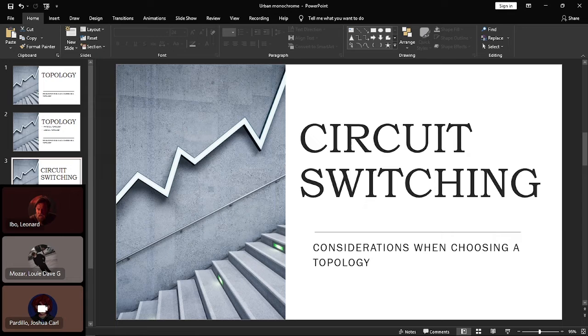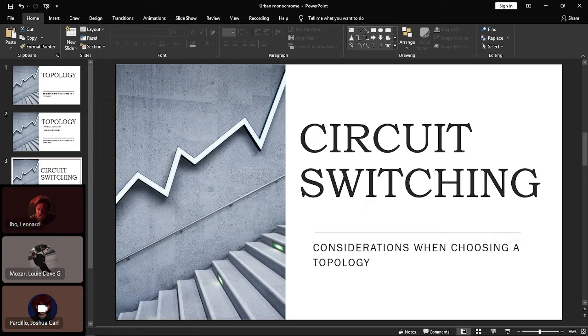So, do cell phones use circuit switching? The short answer is both. Traditionally, when a voice call is placed, it goes over a circuit switch network. However, in the last few years, VoLTE, or Voice over LTE, has been rolling out and enabling voice calls to take place over a packet switch network.